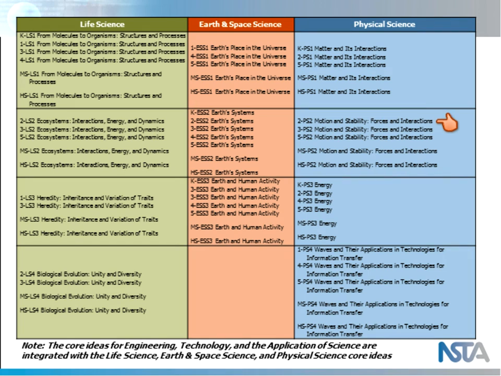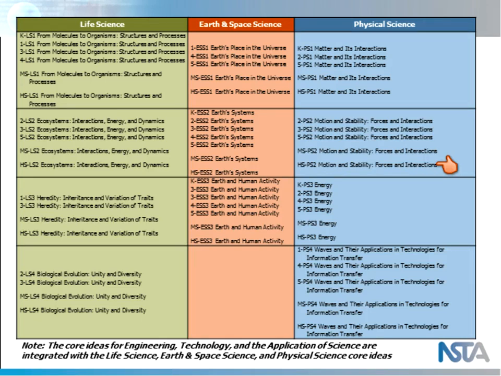And then you would move on, if you kept scrolling through this document, into another physical science core disciplinary idea called motion and stability, forces and interaction. And again, start with an early grade, in this case the 2nd grade, moving down through high school.